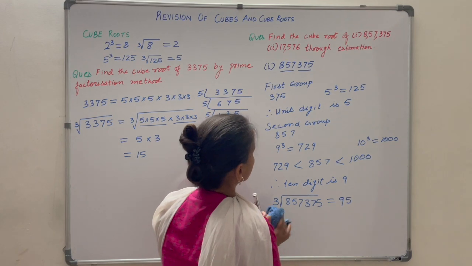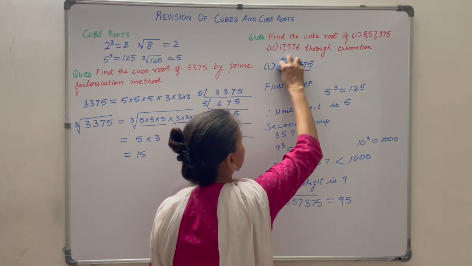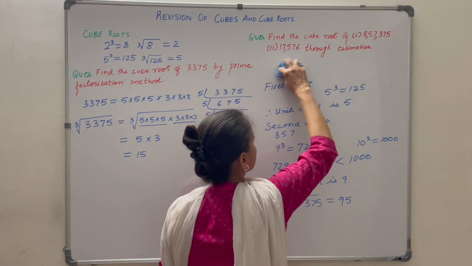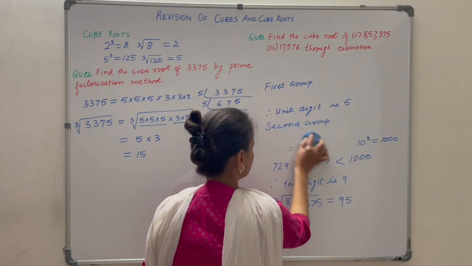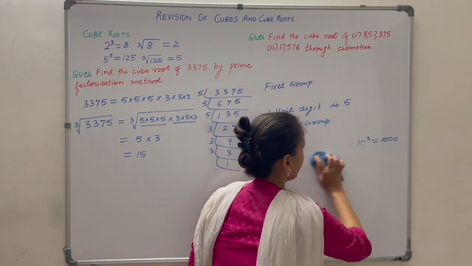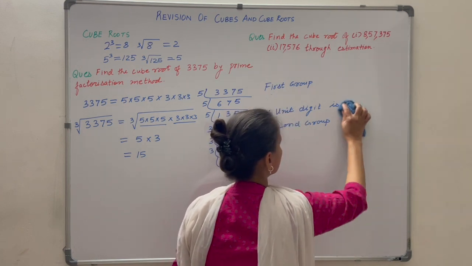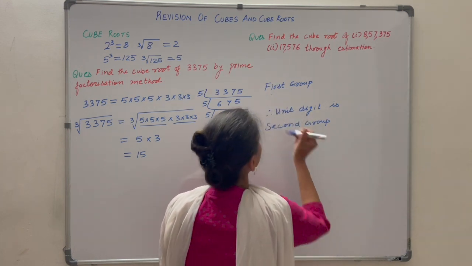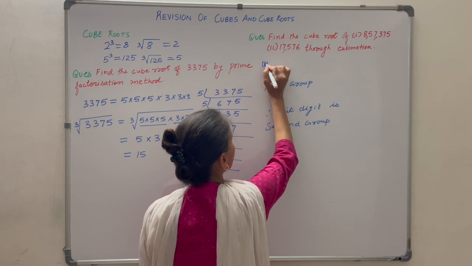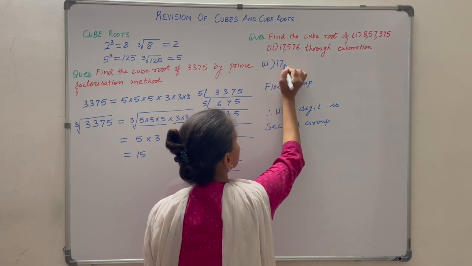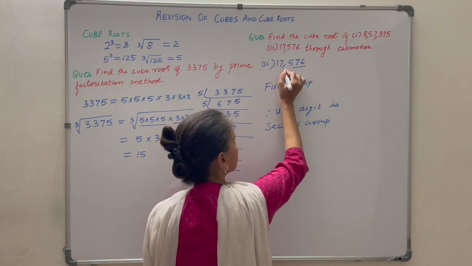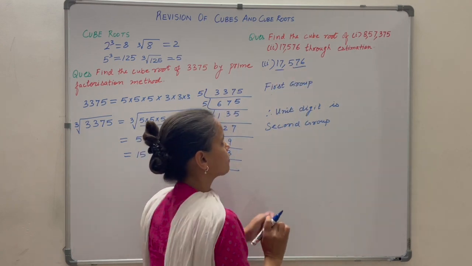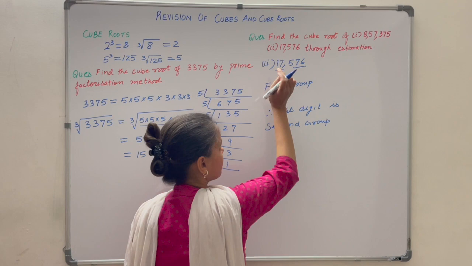So let us form the groups. Here in the second question, we have 17,576. First we need to form the groups, starting from ones place in groups of 3. Here we have just two numbers in the second group.